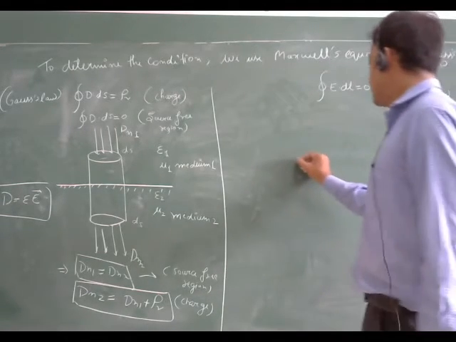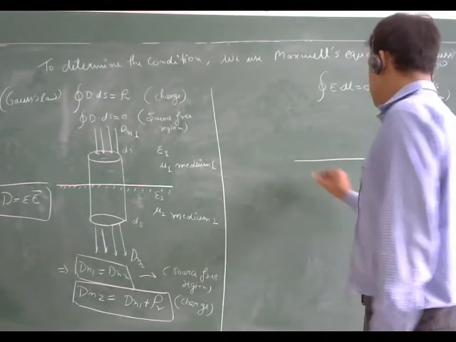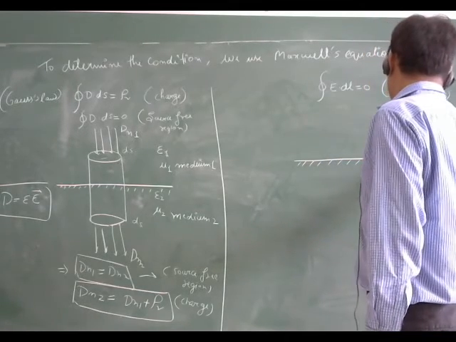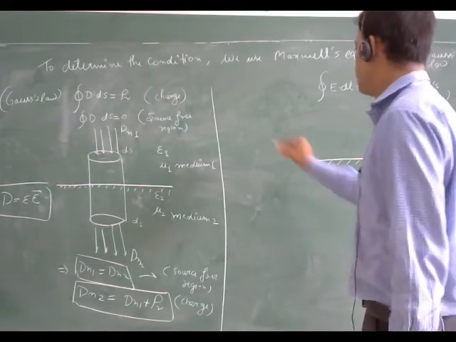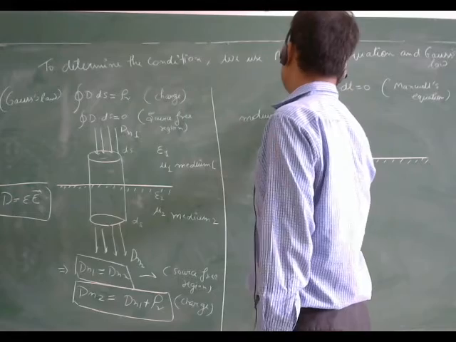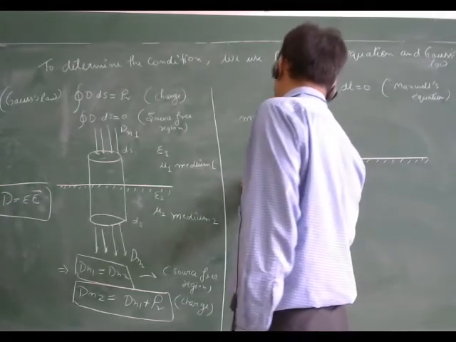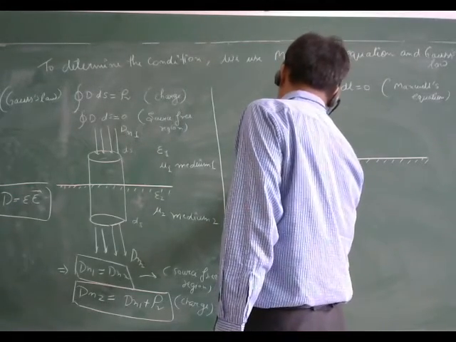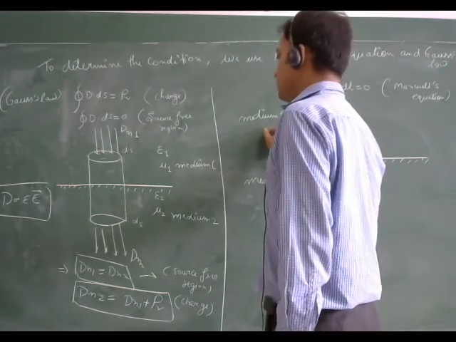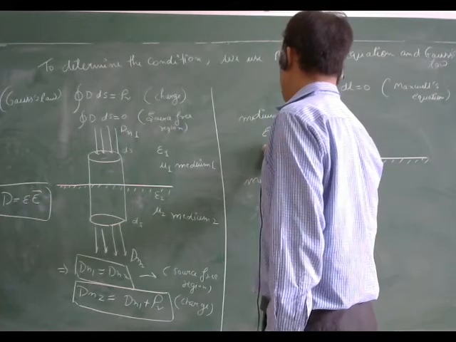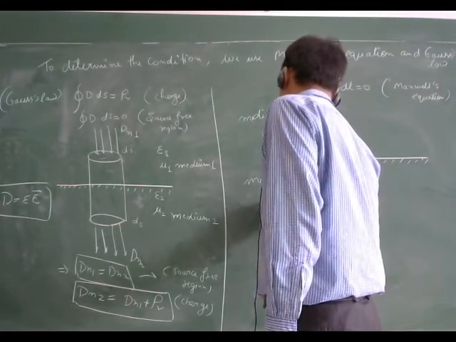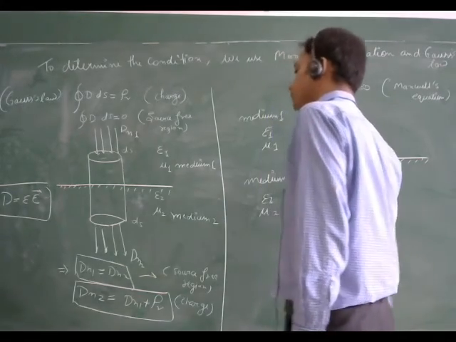So again taking this boundary, this is medium 1, this is medium 2, it has the permittivity epsilon1 and permeability mu1, it has permittivity epsilon2 and permeability mu2.